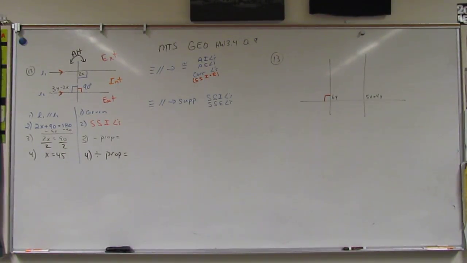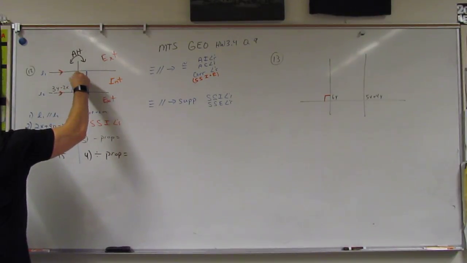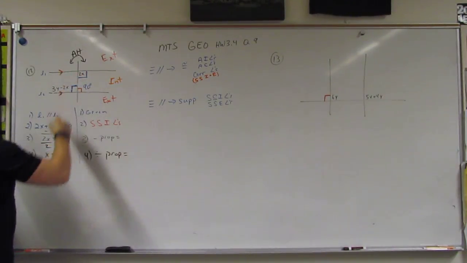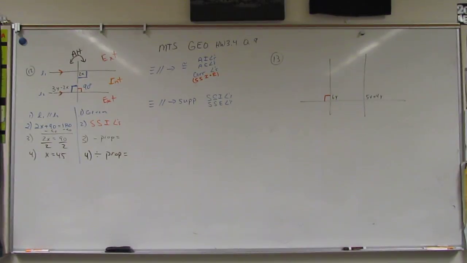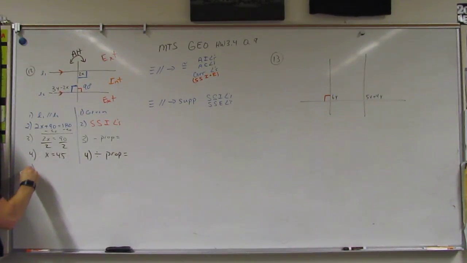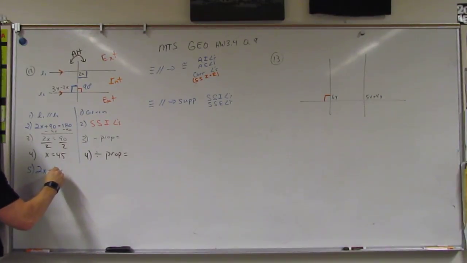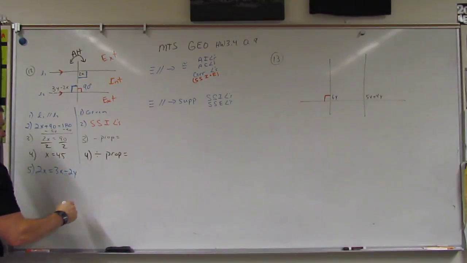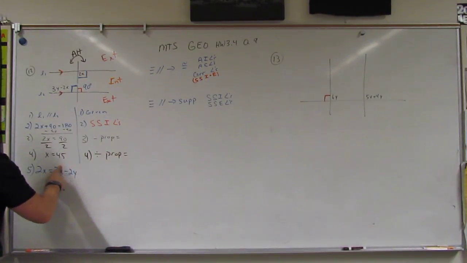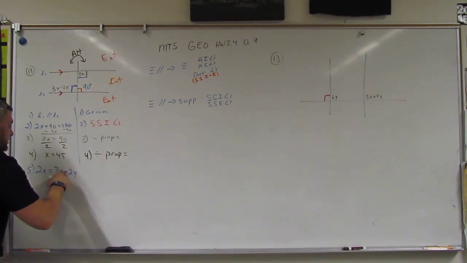The blue and the blue. In other words, 2x is equal to 3y minus 2x.